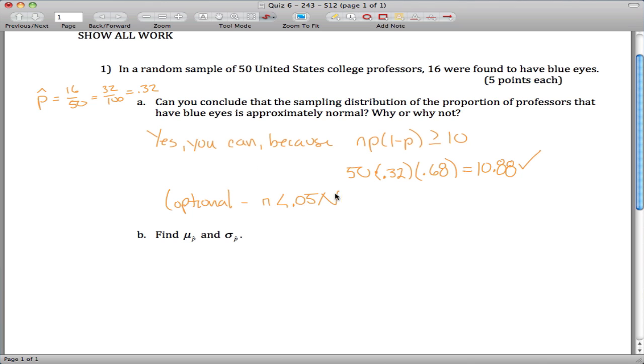So 50 is less than 0.05 times the number of United States college professors. There's a ton of them, so this is also true. Optional is if you state this right here. You don't have to say that.